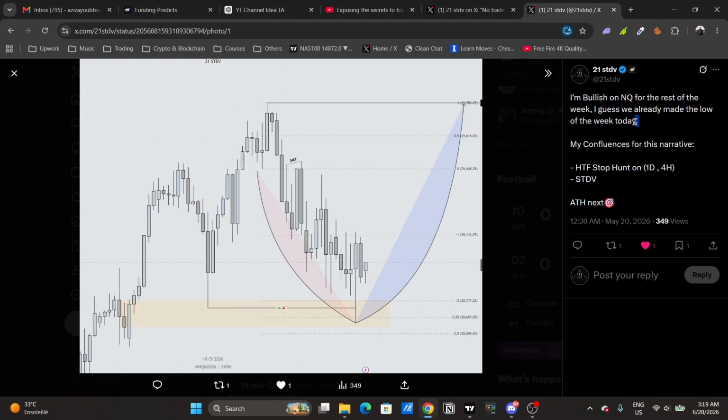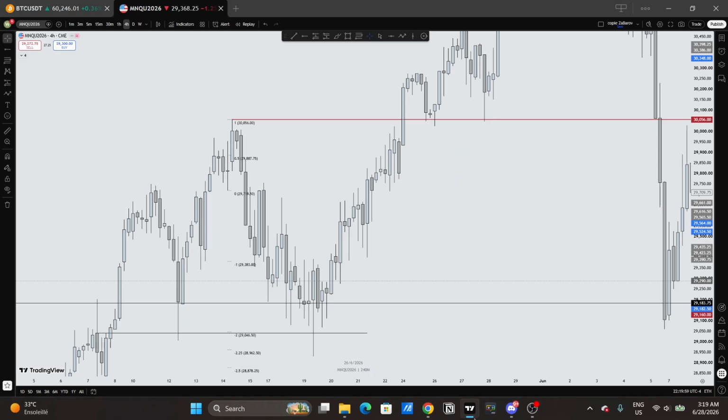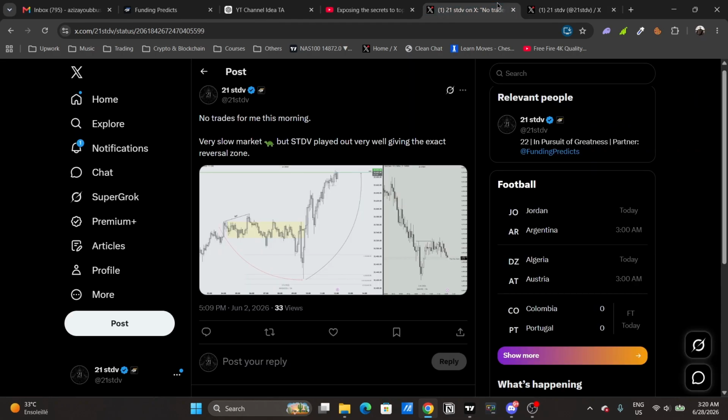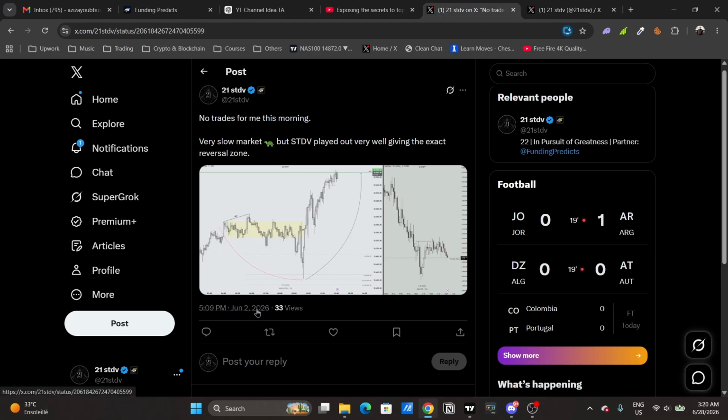You can read here, I'm bullish on NQ for the rest of the week. My confluences for this narrative were a higher time frame stop hunt and standard deviations. I said all-time high next, and boom, we already hit it in just the next day or the next 2 days. As my last example, I'm going to give you this trade that I shared on my Twitter too, on June 2, 2026.